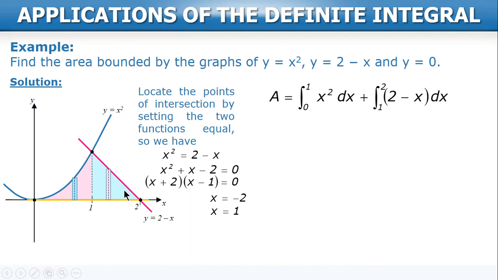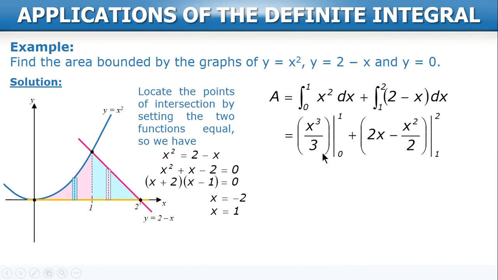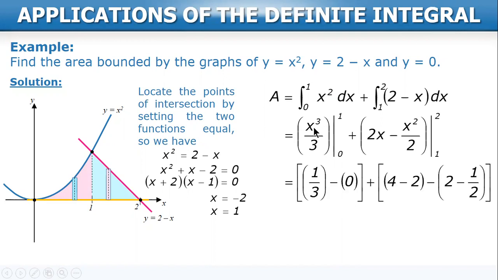And then in the right portion, the upper graph is the line, 2 minus x, minus the lower graph 0, so it's just 2 minus x from 1 to 2. And then you get the antiderivative and evaluate, and you will have this. The area is 5 over 6.